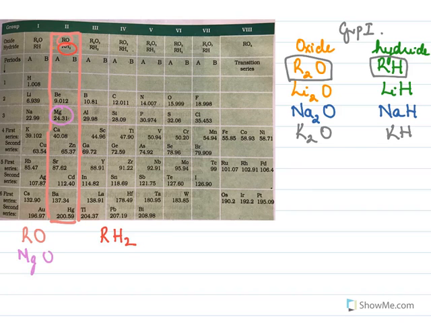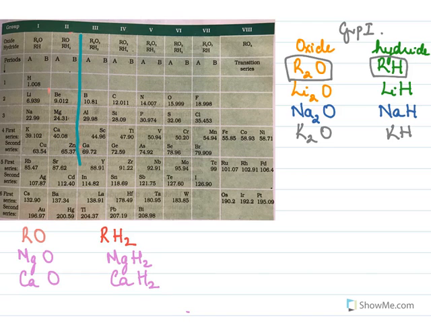Oxide of magnesium we know is MgO. So probably the hydride would be MgH2. Then we take calcium. Calcium oxide CaO, and the hydride, if you were to form, would be CaH2. So these elements form similar oxides and hydrides, and hence they were put in the same group.